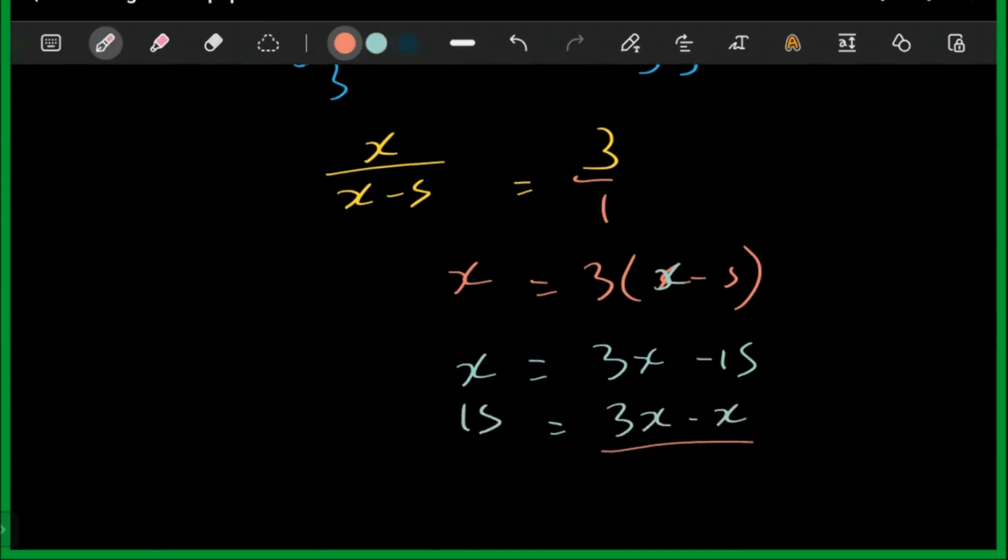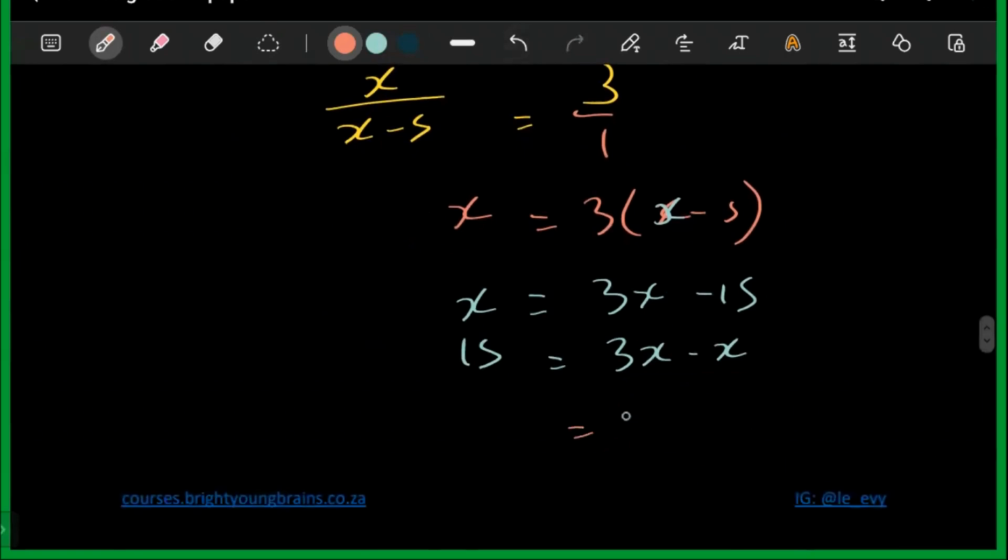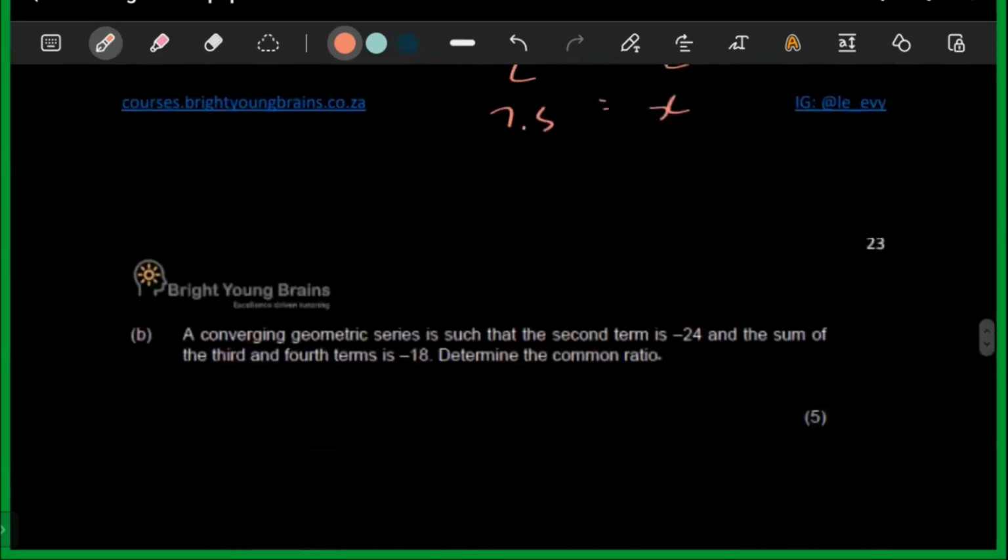So it looks like our value of x is going to be 15 over 2, which is 7.5. That's the value of x. So this is an answer for x. Definitely looks believable, because there's nothing that was out of place. So let's move on.